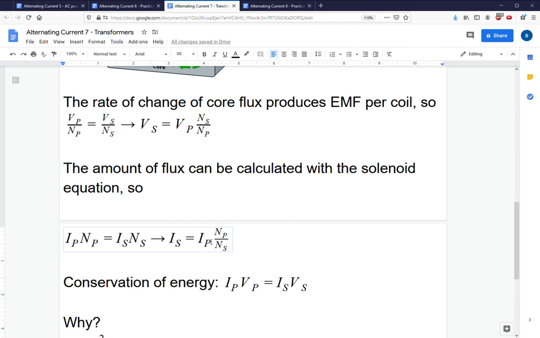Now compare this ratio to this ratio, you can see they are inverted, which means that when you multiply voltage and current, Vs times Is is equal to Vp times Ip, and these ratios cancel out.